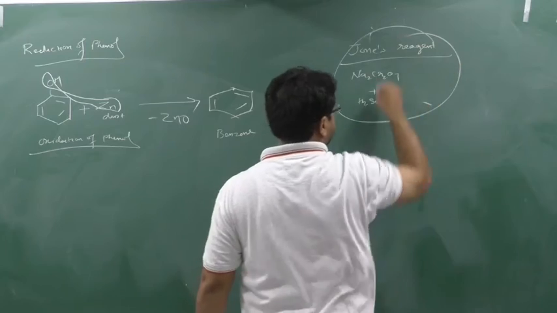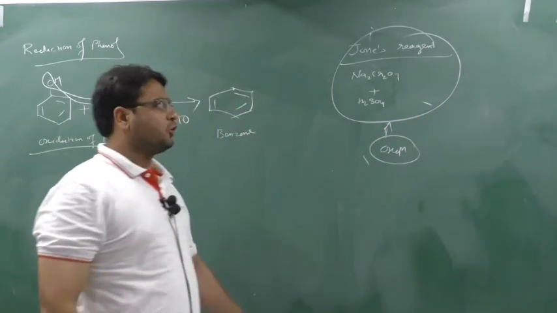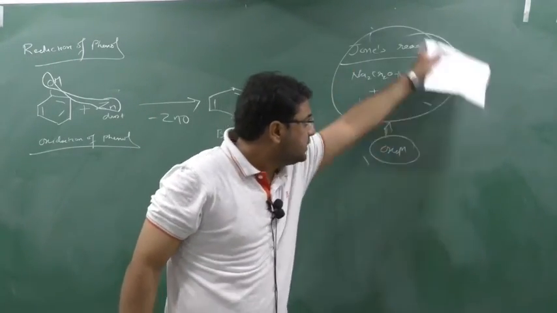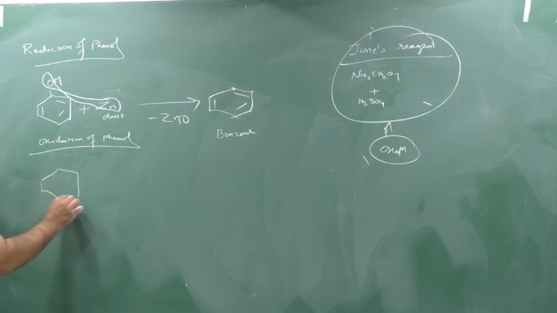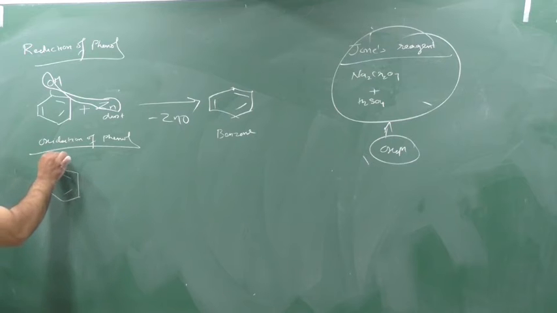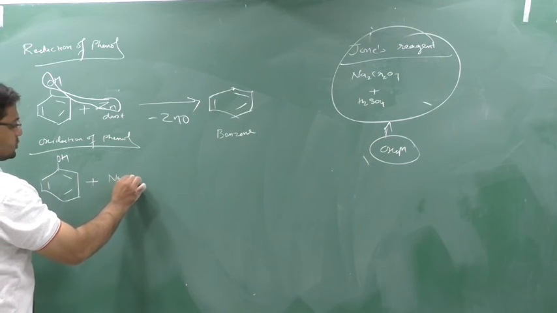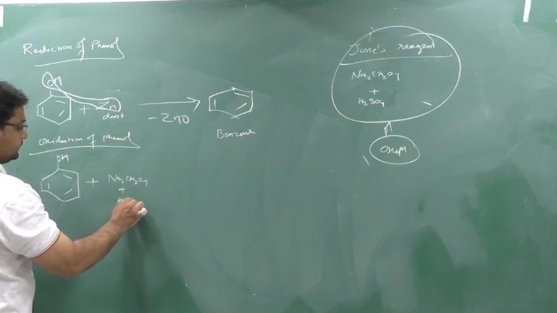Make a note here: Na2Cr2O7, H2SO4. This reagent is used especially in oxidation. I was using KMnO4 also, and then I prepared the chromic acid, which I have done. So here also I will use this Jones reagent. You have to remember this: oxidation of phenol with the Jones reagent, that is Na2Cr2O7 in combo with H2SO4.